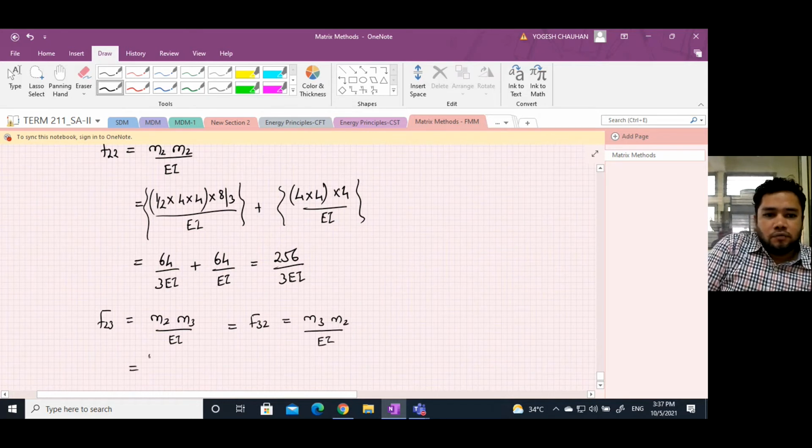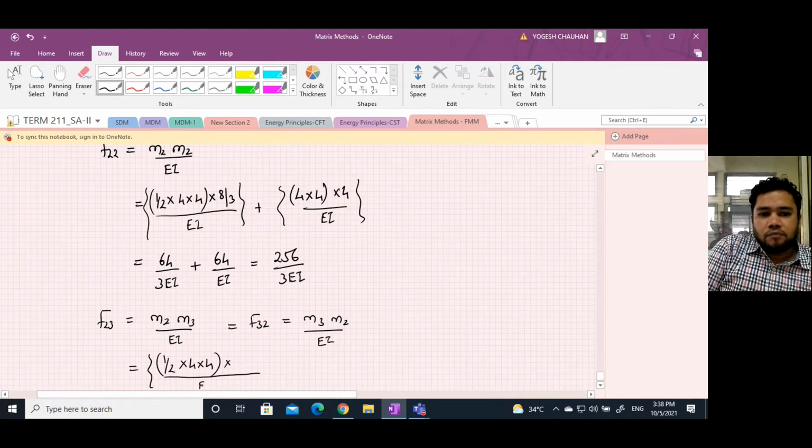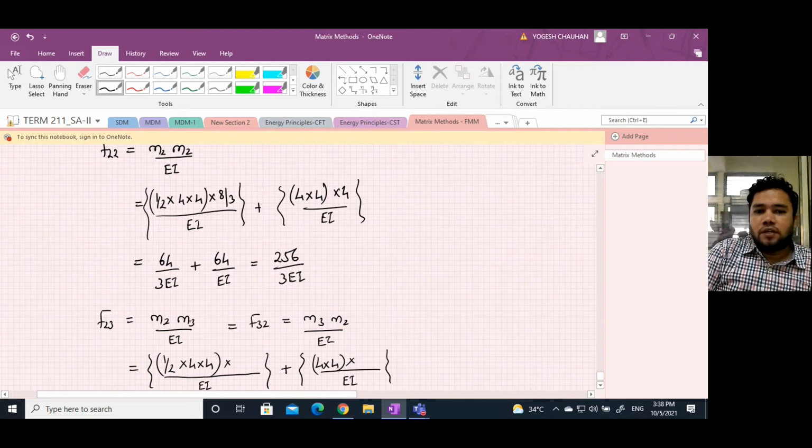So here first segment will be 1 by 2 into 4 into 4 multiply with the ordinate in M3 diagram plus 4 into 4 into dash by EI. Okay, so let us find the corresponding ordinate in M3 diagram.